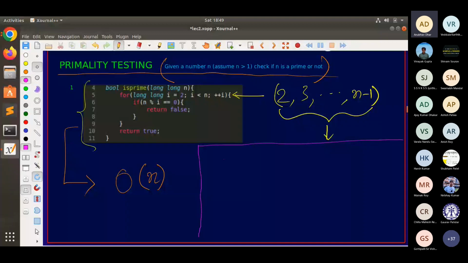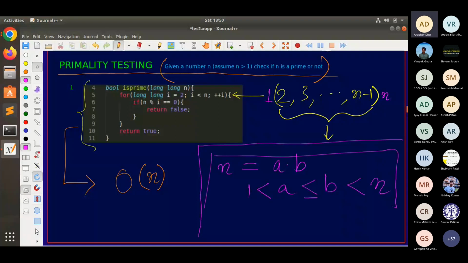If n is a prime, then it has no other factors other than 1 and n. Otherwise, if n is not a prime, then it has some factors a and b such that this holds, right? Okay, you can assume this holds as well. So for a composite number n, this is true.